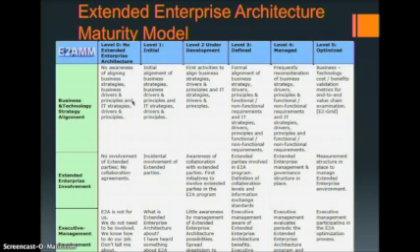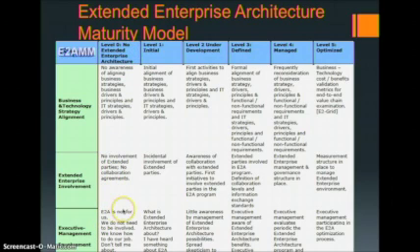To give you an overview, this is how the extended enterprise architecture maturity model looks. We have several layers here, like the business and technology strategy alignment, extended enterprise involvement, executive management involvement, and different levels of models, that is level 0, 1, 2, 3, 4, and 5, which starts at no extended enterprise architecture.